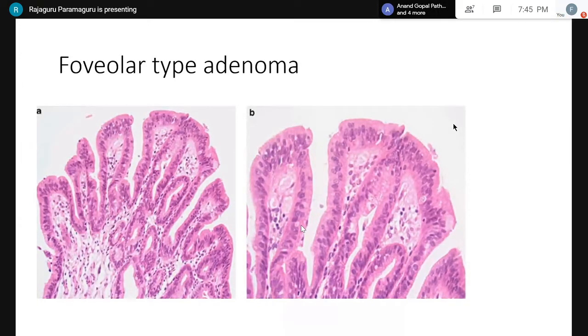Then there is the foveolar type of adenoma. As I said, it is going to look similar to the normal foveolar epithelium. The only thing to keep in mind is that the nuclei are going to be crowded and kind of stratified, but they are not going to be oblong and elongated as we see in an intestinal type of adenoma.